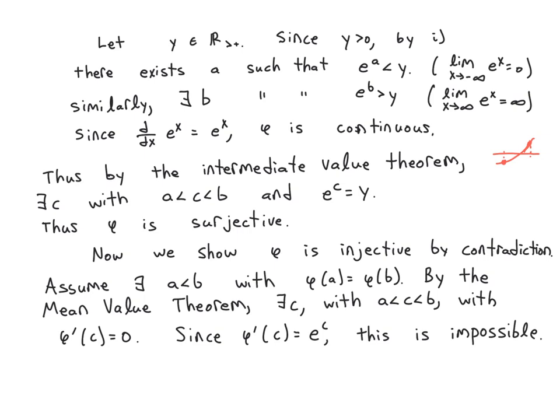Well then, by the mean value theorem, there exists a c between a and b whose derivative is 0. But since the derivative of the exponential function is itself, we're saying phi prime of c is e to the c, we're saying e to the c is 0. But that's not possible. So you have a contradiction. Ergo, this can't ever happen, and the function is injective.